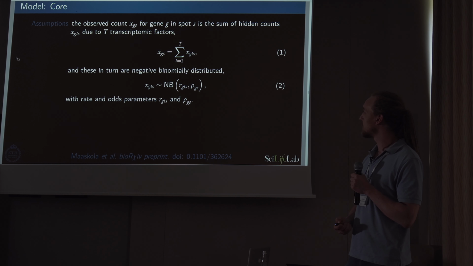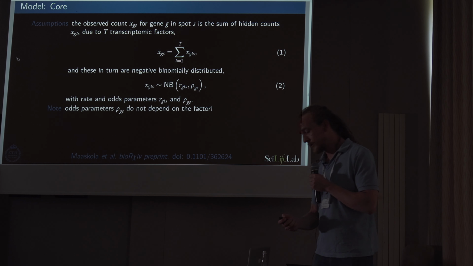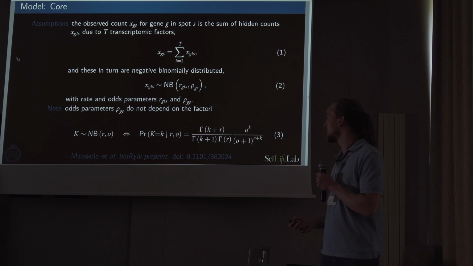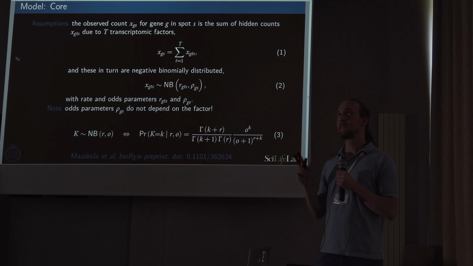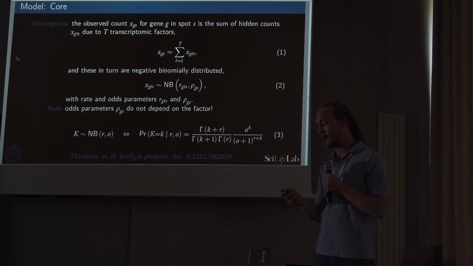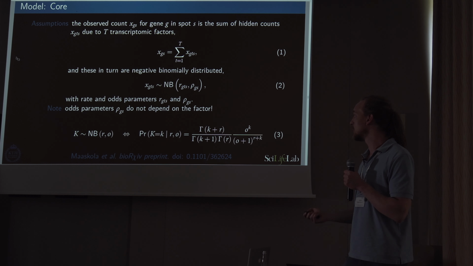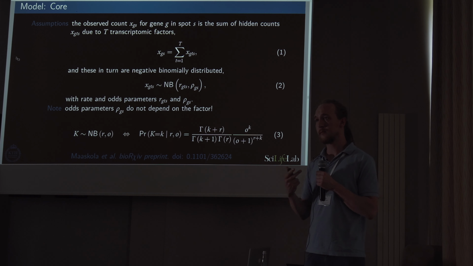I just perhaps want to highlight the second parameter of the negative binomial, this odds parameter. As a parenthetical remark, we're not using the k-p parameterization of the negative binomial, where p is a probability parameter. Rather, we're using the odds. This is a lot more compatible with the logistic regression that we're performing.